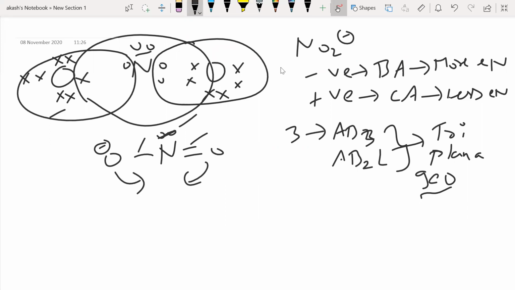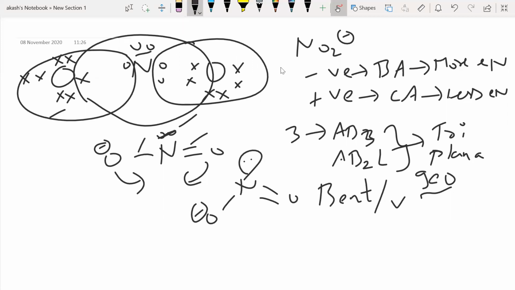So the distance between the lone pair and the bond pair is increasing. This is how I properly draw the structure, making sure the distance between the bond pair and the lone pair is maximum. So you can look at this and tell me what will be the shape. The shape is going to be bent shaped, or it is also called a V-shaped molecule.